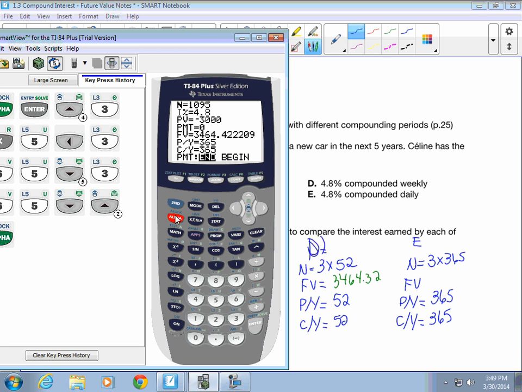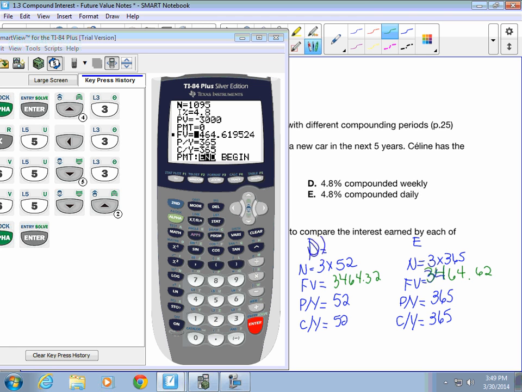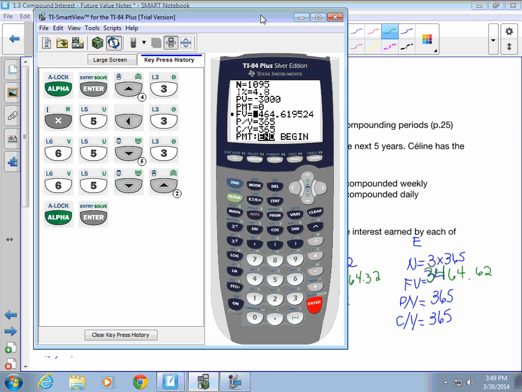I never noticed. Alpha, enter, 34, 64, 62. Oops, I forgot to do that in green. Again, this is green. 34, 64, 62. So you can see you're going to be earning more interest depending on how much your investment is.